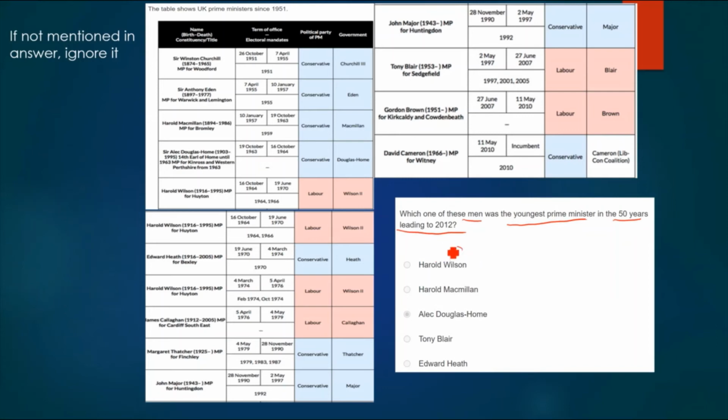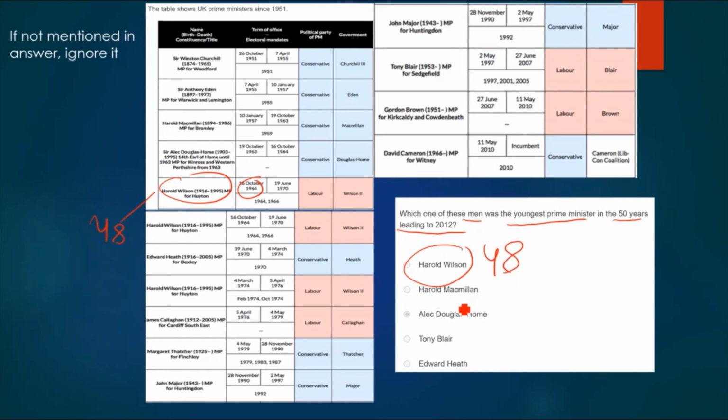So first I would look at Harold Wilson. Well, he was born in 1916 and he became the Prime Minister in 1964, as you can see. So if I do 1964 minus 1916, which gives me 48. So I know Harold Wilson is 48.